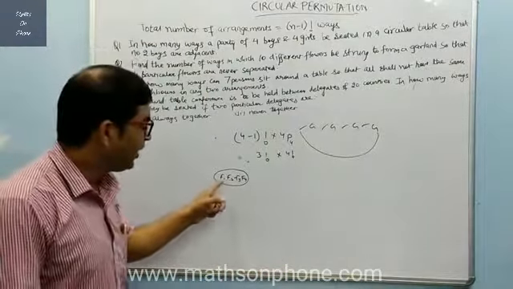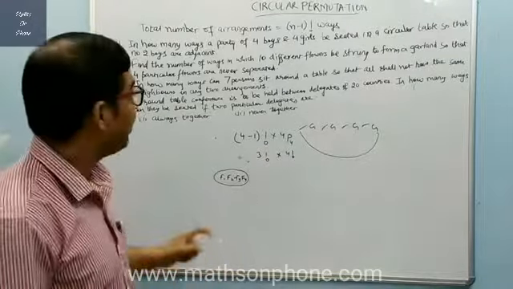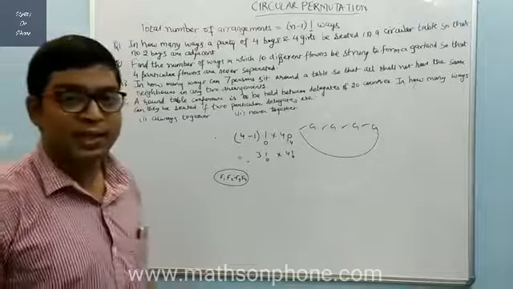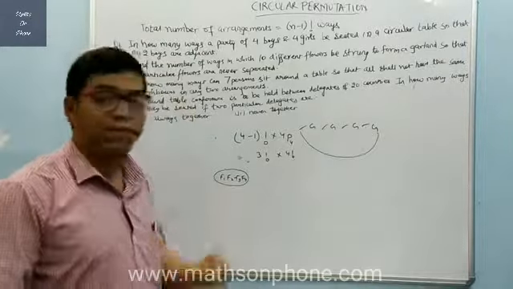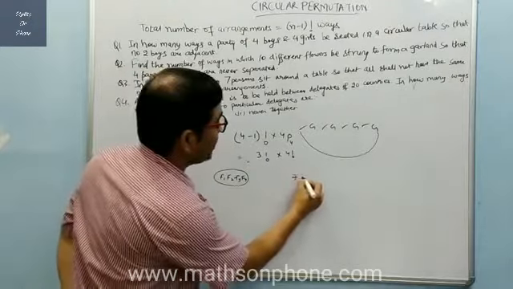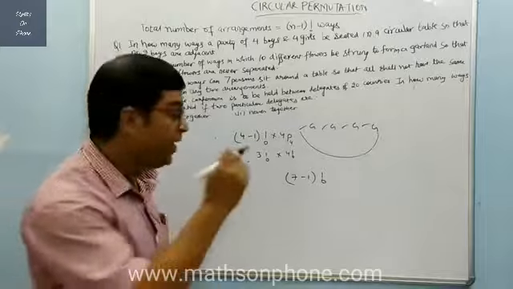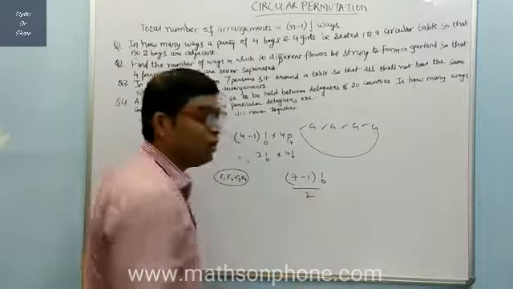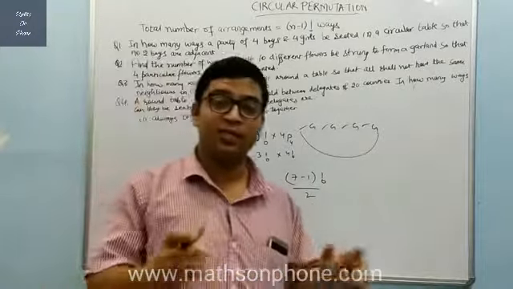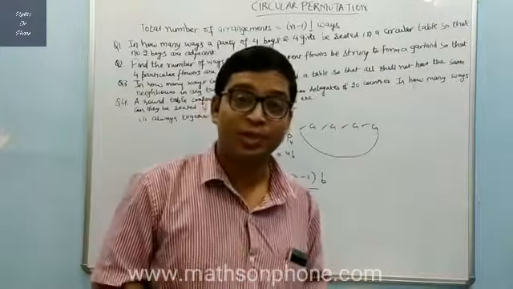4 flowers are together in this, F1, F2, F3 and F4. They are kept in a bag. Remaining 6 flowers are there. So total 7 items are there, and those 7 items can be arranged in 7 minus 1 factorial by 2 ways. Why? Because in the case of the garland beads, no clockwise and anti-clockwise position is there.